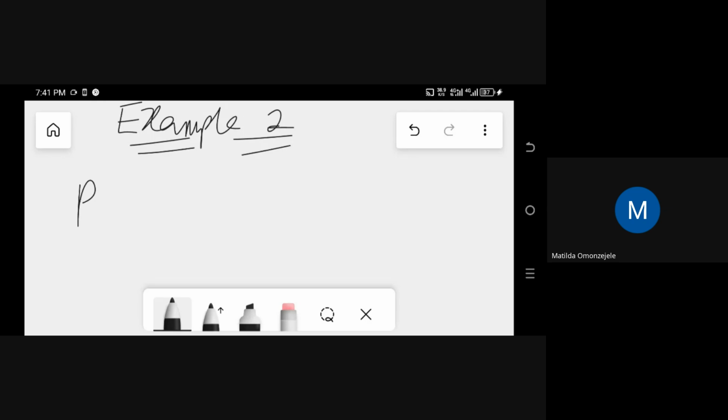Let's say we have matrix P equal to 8, 20, then you have 4, 17 for the second row.